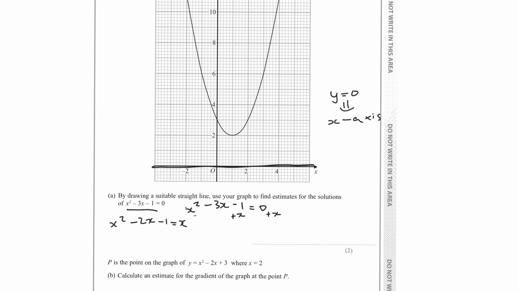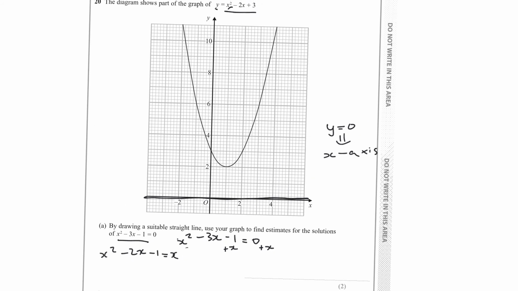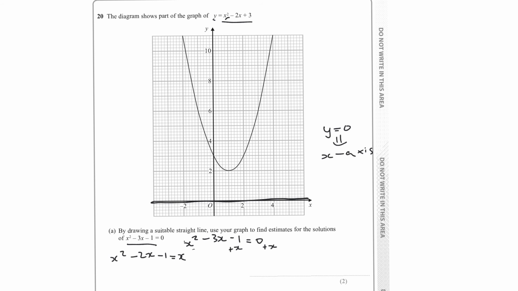Okay, so far it's looking kind of similar because now both of the equations have x squared, both of them have minus 2x. However, we still got that minus 1 and we really need the plus 3. So then, to make it plus 3, you want to add 4 to both sides. And by doing that, you would end up with x squared minus 2x plus 3 is equal to x plus 4, because now we've added 4.